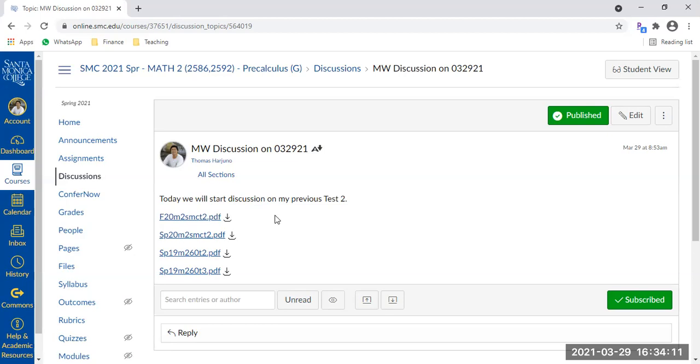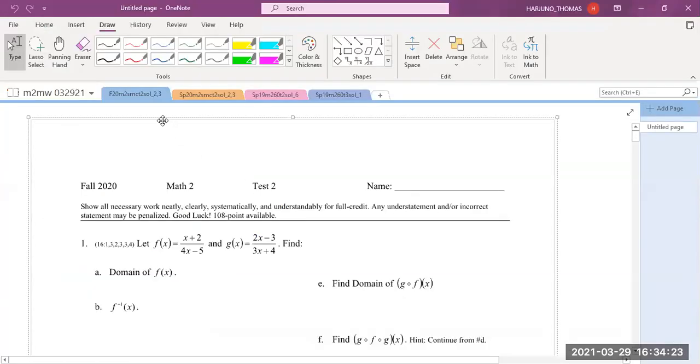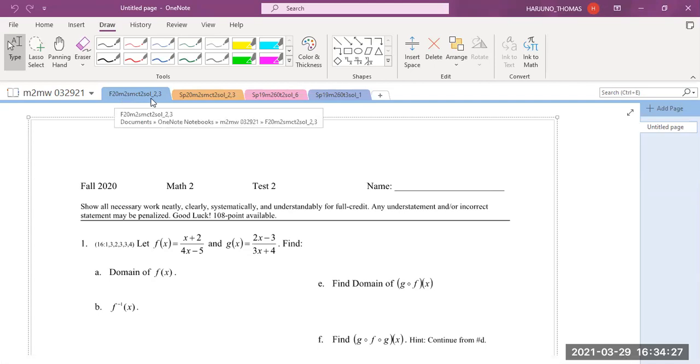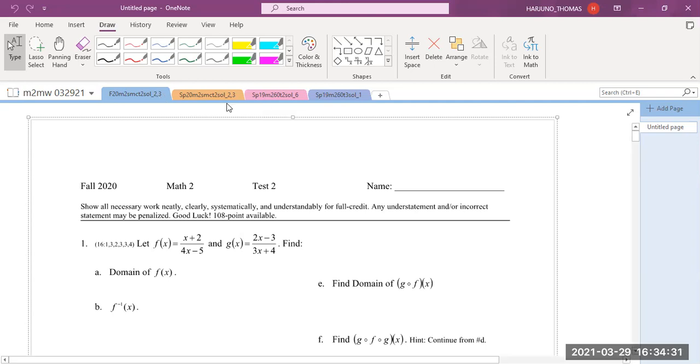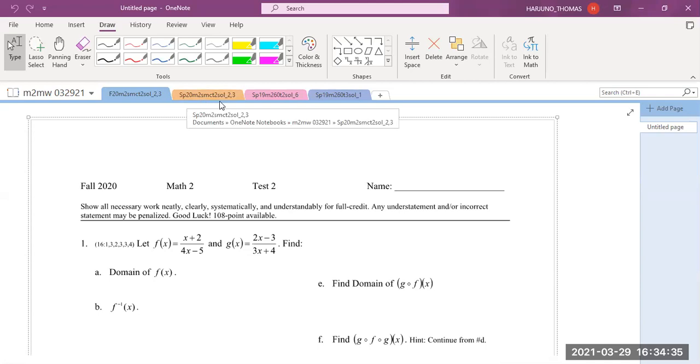After the discussion, I post the notes actually here, right? So by numbering it that way, just from the name you see clearly that's from fall 20 Math 2 test 2, that's solution for number 2 and number 3, and so forth. That's spring 20 Math 2 SMC solution for number 2, number 3.